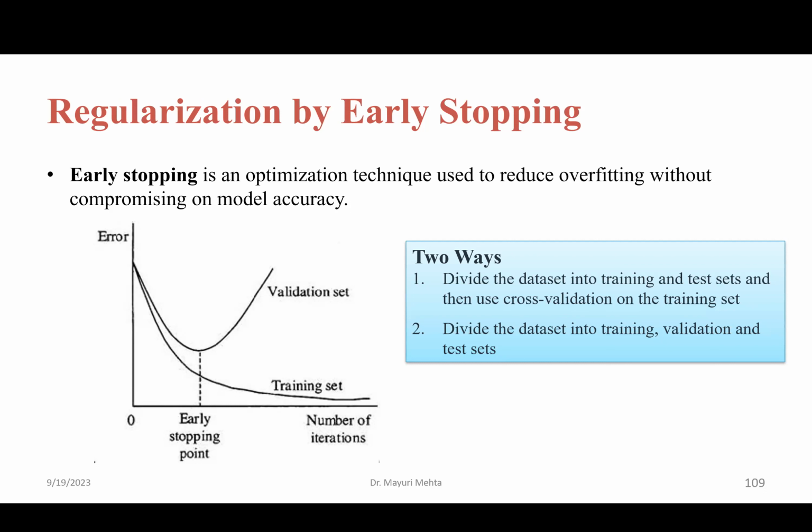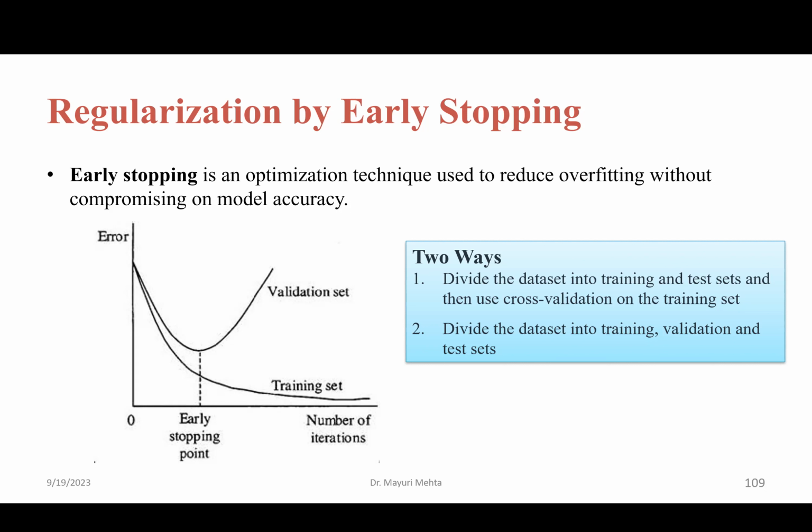The second way is to divide the data set into training, validation, and test sets. Three sets. First it is divided into two sets, training and testing, and then part of the training data is considered as the validation set also. So ultimately there are three partitions: training set, validation set, and test set.